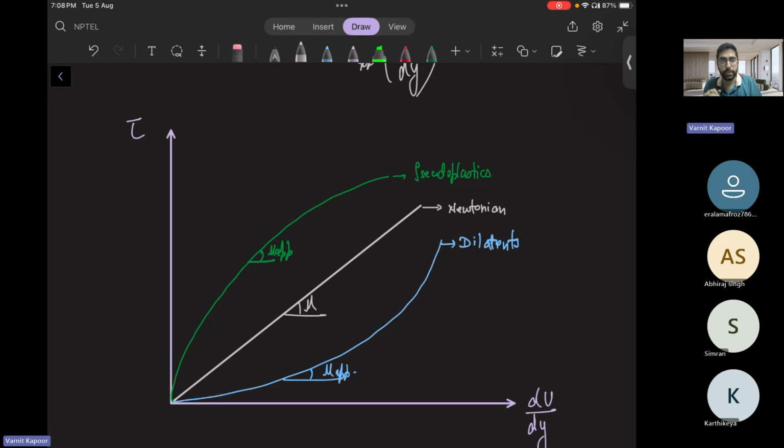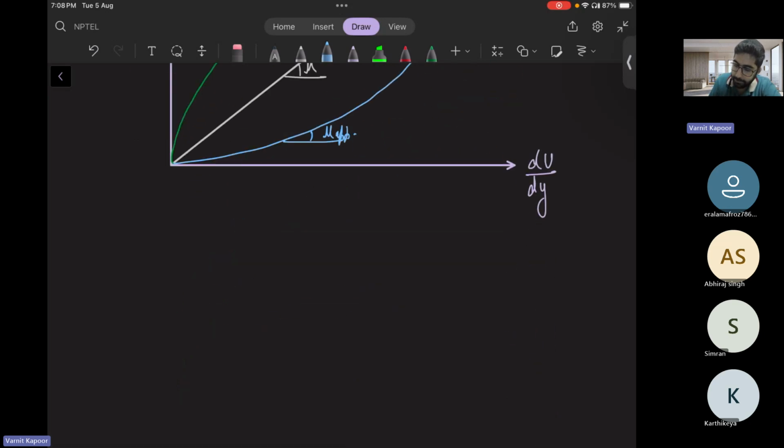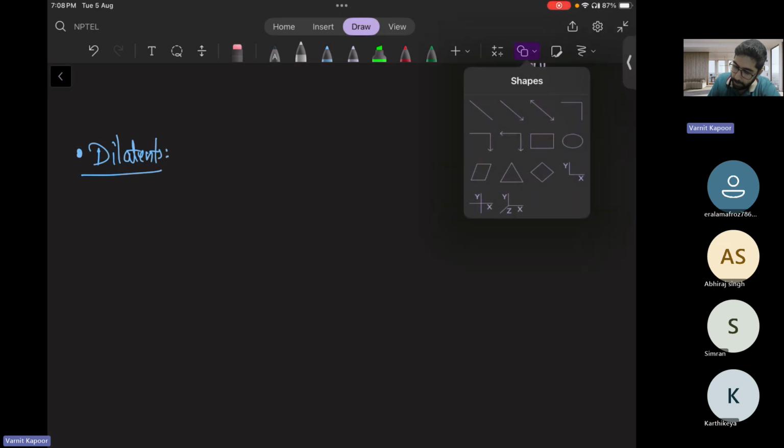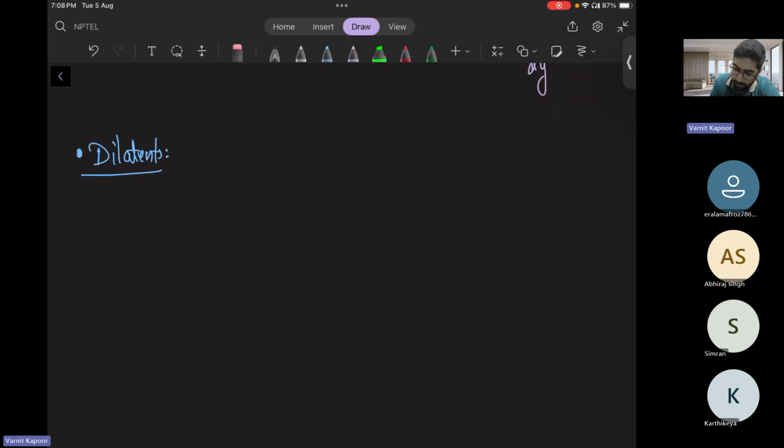So first let me frame dilatants. Dilatants are those where, in the plot of shear stress versus du by dy, these are your dilatants.